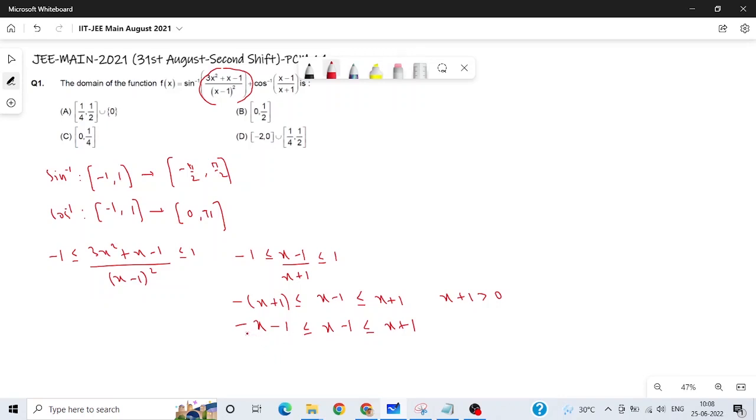Now let's consider the first two inequalities first, and collect all the x together. We can add x in this equation, so we get minus 1 less than equals to 2x minus 1 less than equals to 2x plus 1.